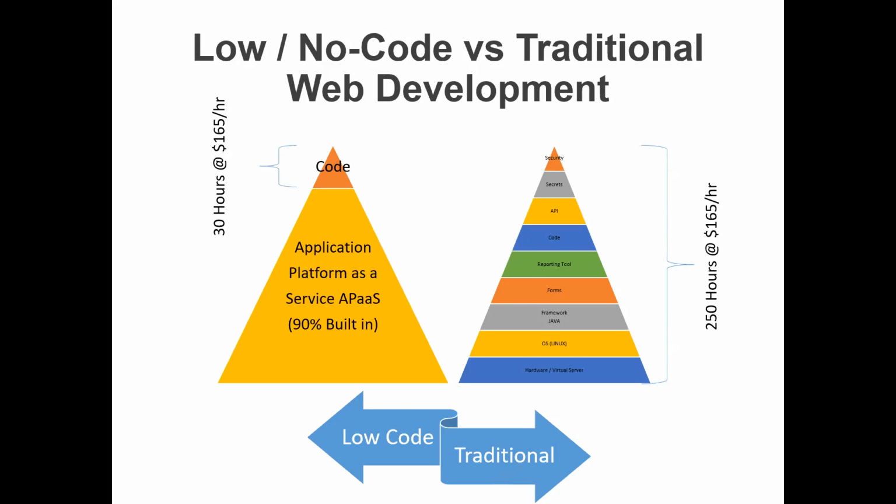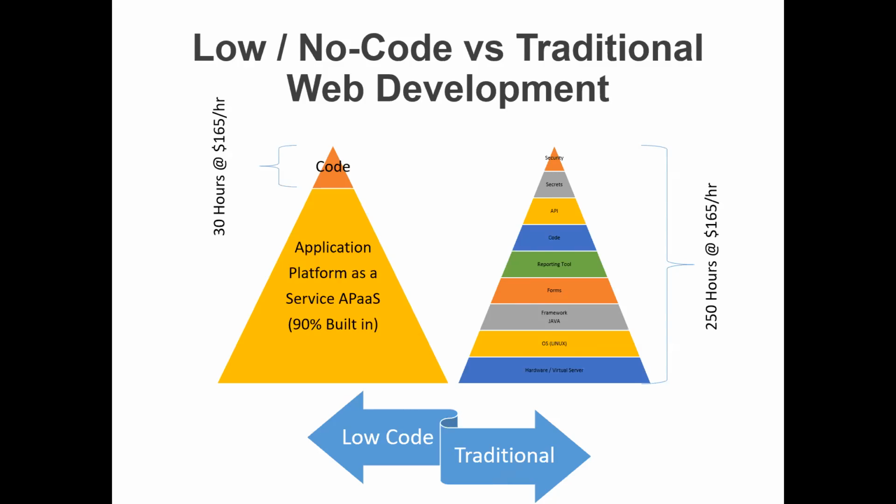All we have to worry about in the left pyramid is that little bit on top called code. And you can see the difference between what you've got to worry about on the left side versus what you've got to worry about on the right side.